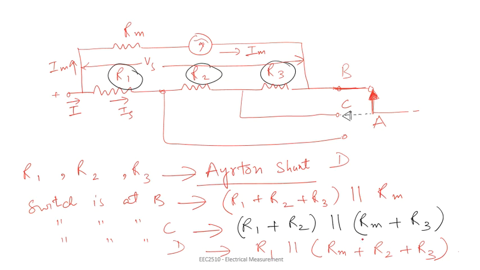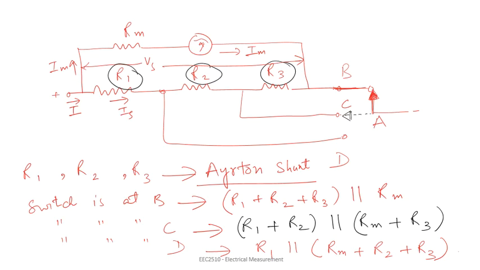Now depending on the values of the shunt connected in the circuit, there can be different ranges of the instrument. Now let us solve one numerical problem. A PMMC instrument has a 3 resistor Ayrton shunt connected across it to make an ammeter. You can take this circuit as the figure for the next problem.